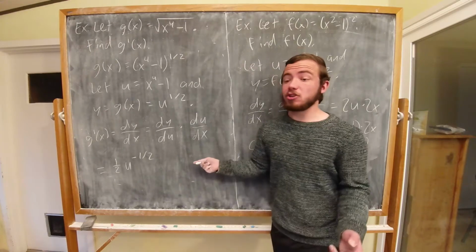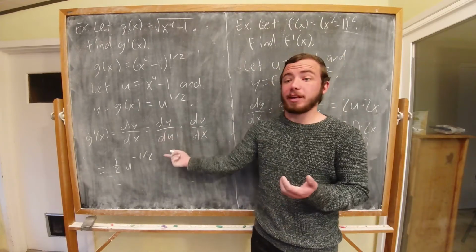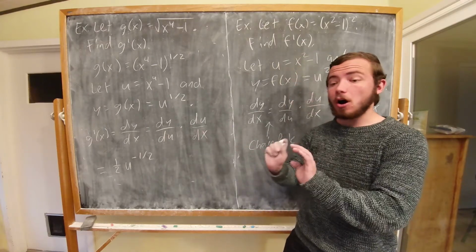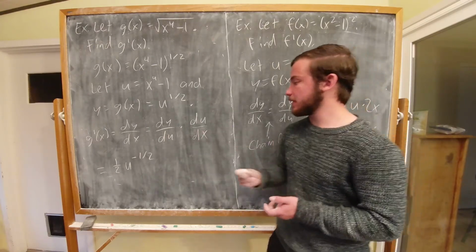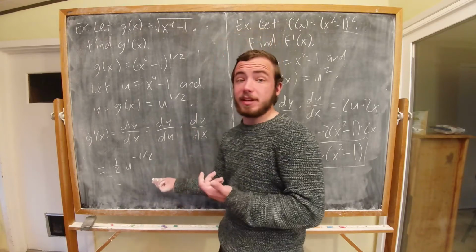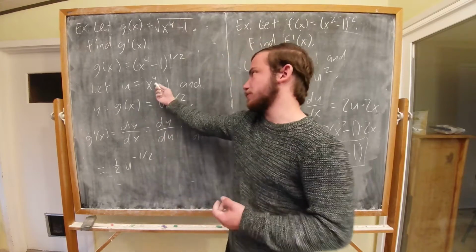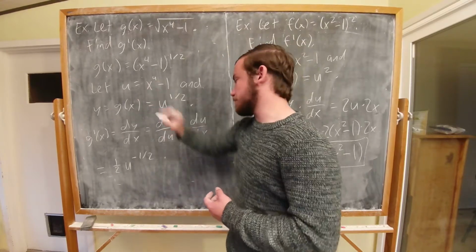Oftentimes, when you use the chain rule, the dy du will end up being an application of the power rule, at least in this class. So we have that, and that was easy to compute. Times du dx: the derivative of x to the 4th minus 1 is 4x cubed minus 0.